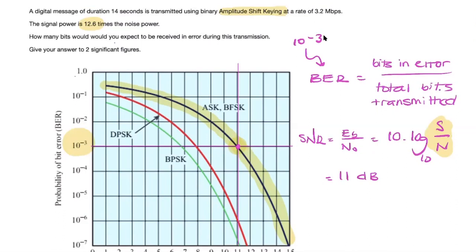The question actually says, look, we have a data rate of this much, we have a duration of this much seconds, and it says how many bits would be in error. So we're looking for this number here. So the number of bits in error would be equal to the total number of bits multiplied by the bit error rate.